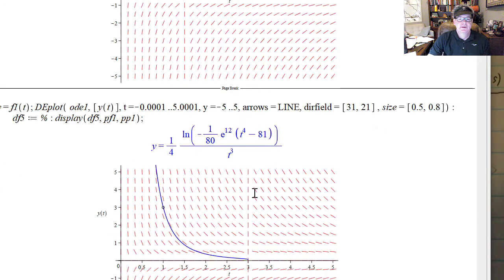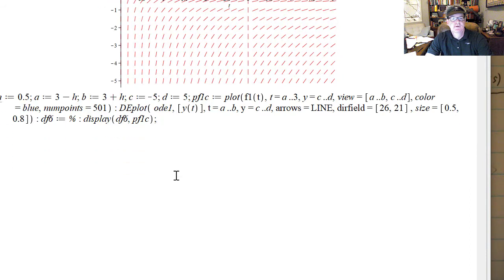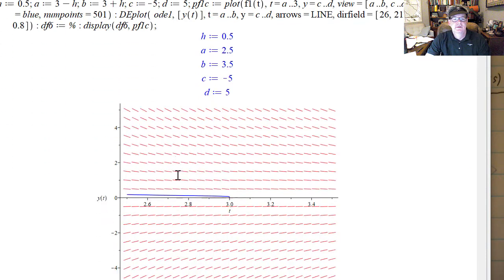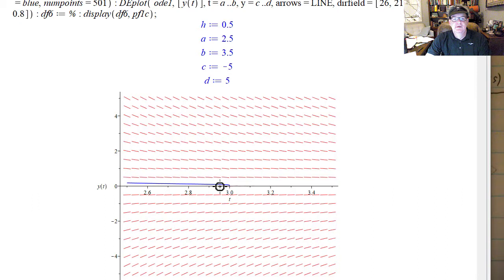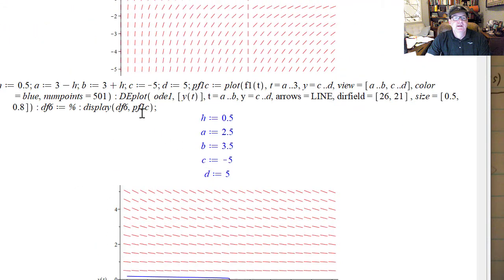So here we are, again running into the wall, but now I'm going to zoom in. I haven't zoomed in too much yet, but this is negative 5 to 5, and I'm going 2.5, 2.5. Let me zoom in on the y's first, near the origin.